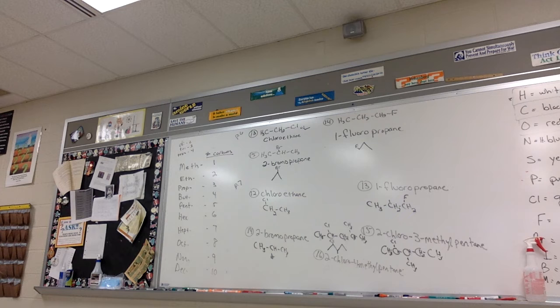Sure, it's understood. Any questions on this? Does that make sense? And of course, if there's a double bond that has a halogen, it's the same. The double bond still takes precedence. But you just use chloro.